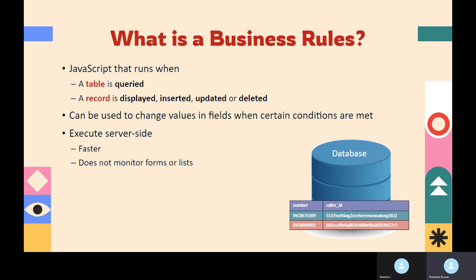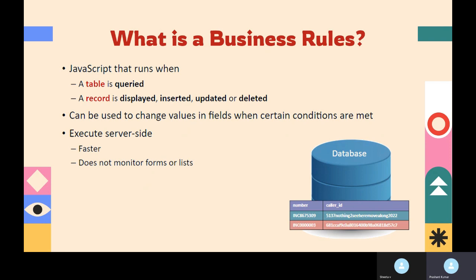All right. And every execution as part of a business rule happens on the server side only, because it is querying the database, which can be a table, suppose incident, problem, change, or any table in the system. It generally executes faster on the server side and returns the result as soon as possible.